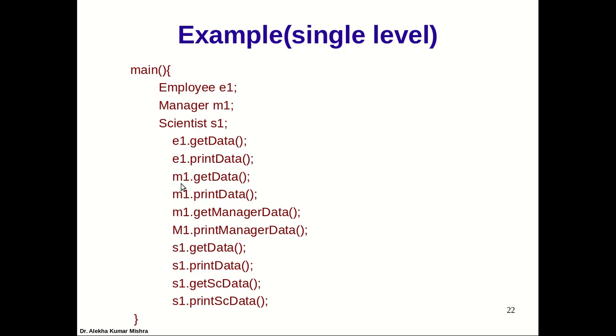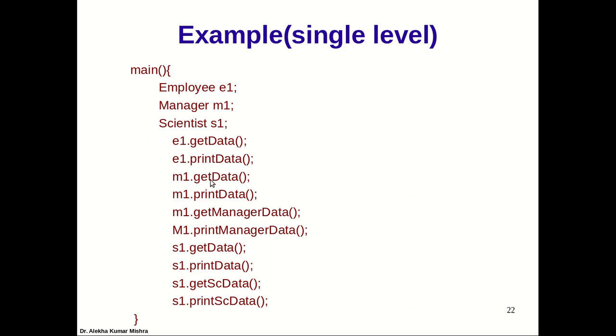But since manager has inherited from the class employee, and it's public inheritance, this member function is publicly available. So we can access it directly. So M1.getData will successfully call the getData function for the object M1.